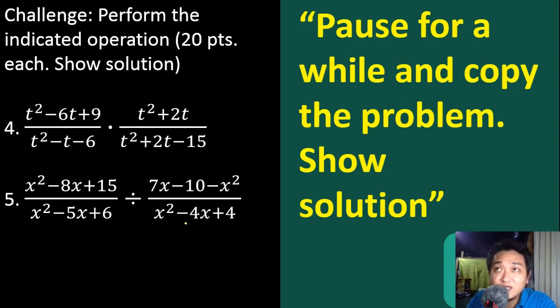Hindi nyo kailangang i-combine yung numerators and denominators, but simply use factoring techniques para hindi na lumaki yung ating mga expression. The same with number 4, you're going to multiply, and for number 5, you're going to divide. We will proceed to multiplication and get the reciprocal of this divisor. And then please employ factoring techniques in evaluating the following problems.